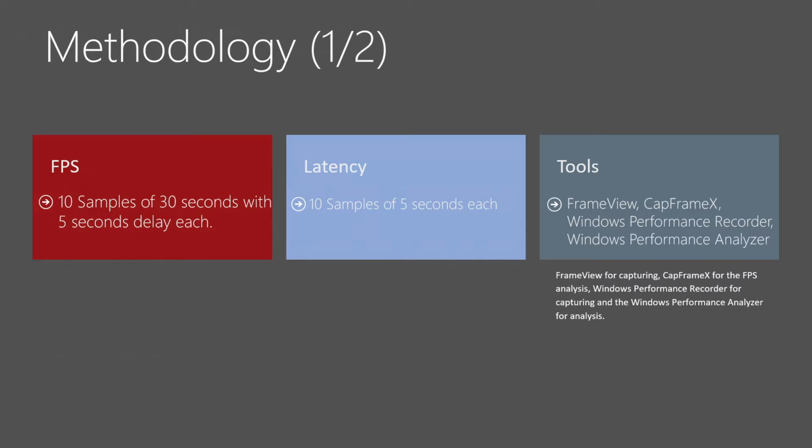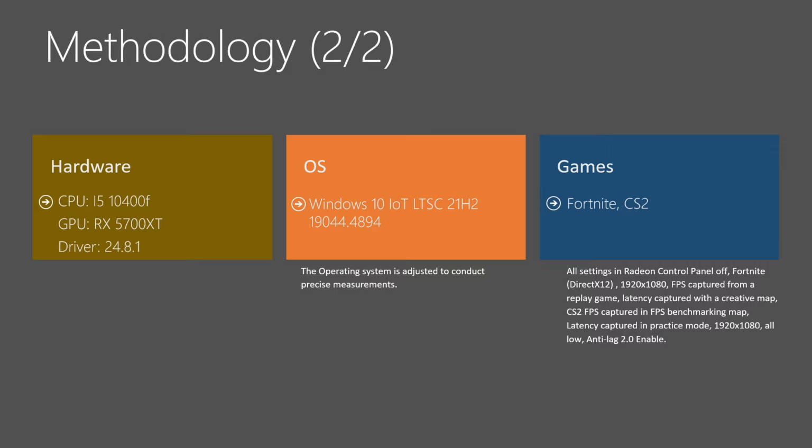The method that I conduct my tests with has changed: the FPS part and the latency. I changed the duration and the number of samples. The hardware is the same, and I installed the latest CPU driver. The big change is the operating system. I use Windows 10 Enterprise, the latest version, because I think this OS is really stable, and I need a really stable operating system for my tests.